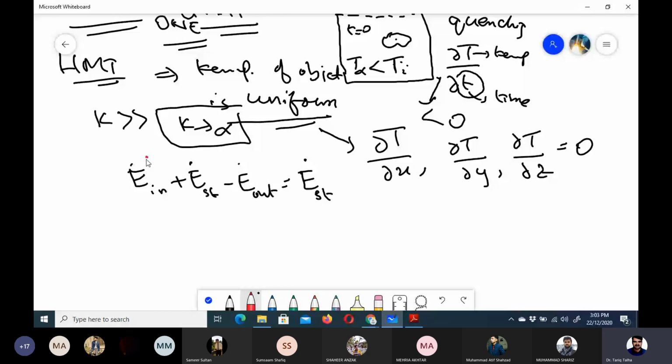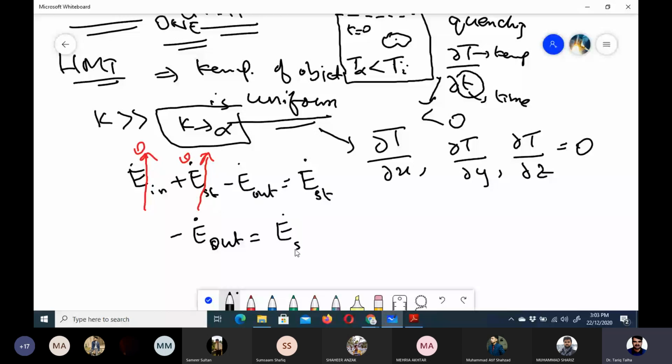And because this is a simple metal, not a radioactive metal, E dot g would be equal to 0. Now we are left with minus E dot out is equal to E dot st.